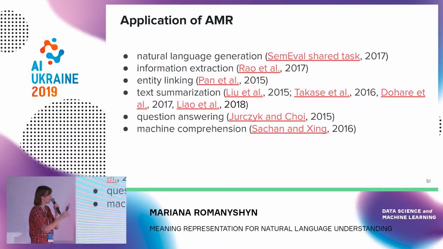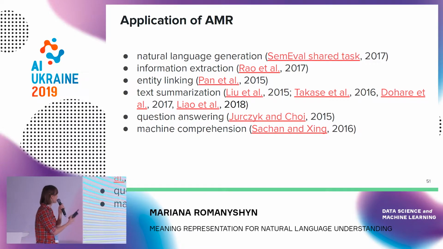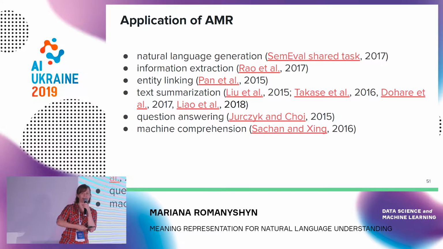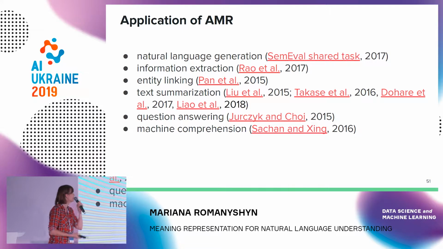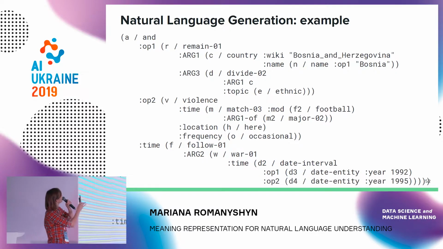AMR has given really good results for this task, even better than the latest paper on abstractive text summarization using BERT. Also question answering, machine comprehension, so all kinds of tasks that need you to understand the text. Let's look at a brief example.